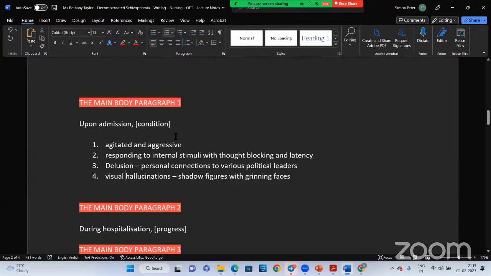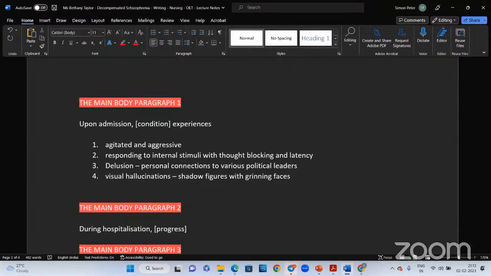All these were experienced upon admission. She is experiencing agitation and aggressiveness, responding to internal stimuli. She had thought blocking and latency.